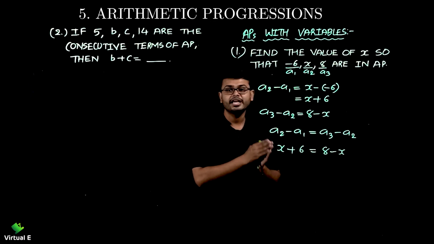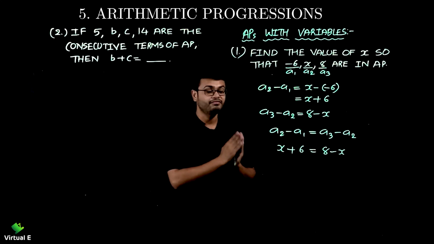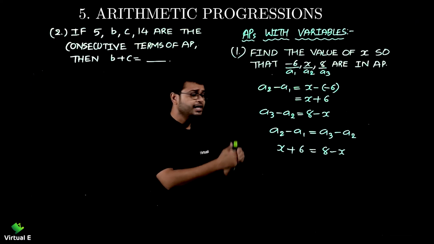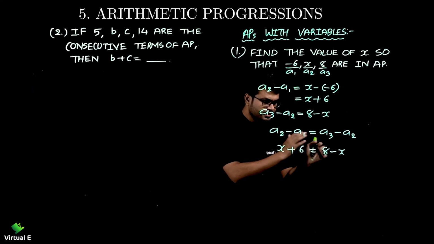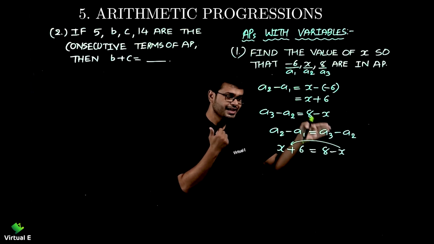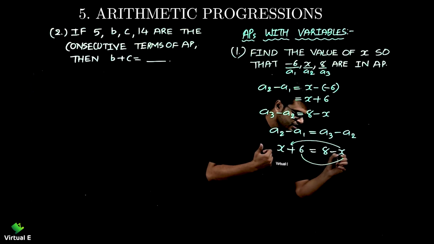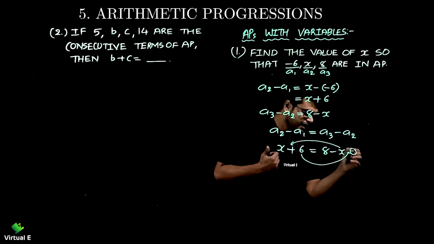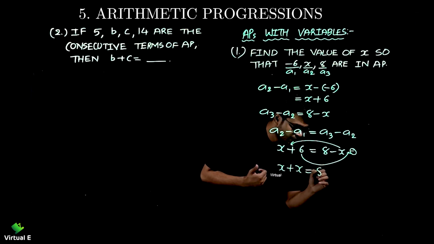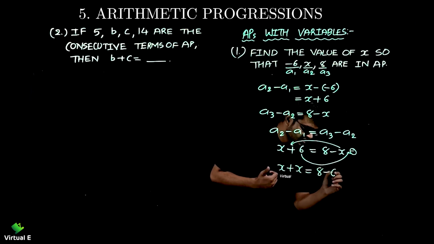This is a linear equation in one variable. Very simple. I'm going to collect X on one side and numbers on the other side. If I shift X over here, it will become positive because it is negative on that side. And I will shift this plus 6 and it will become negative. So X plus X is equal to 8 minus 6.